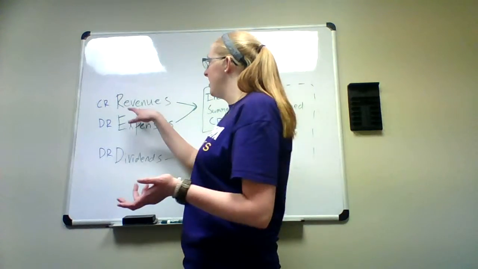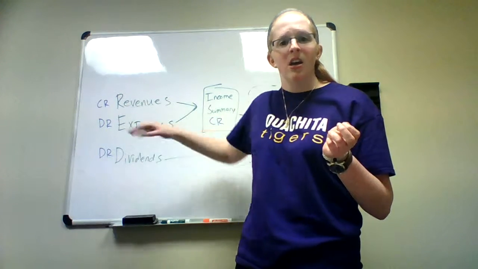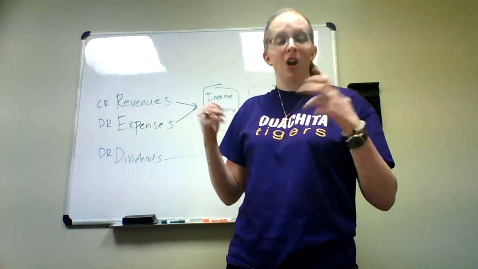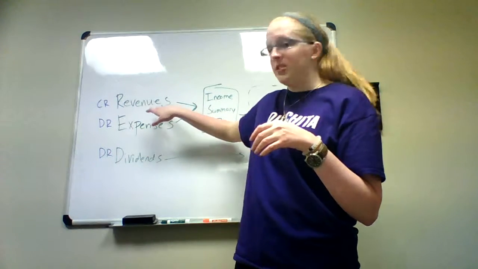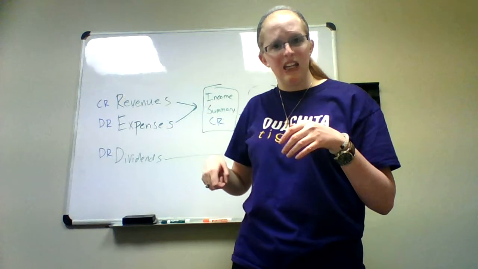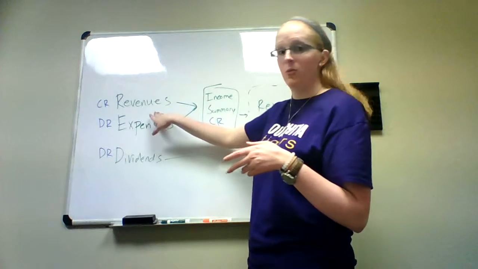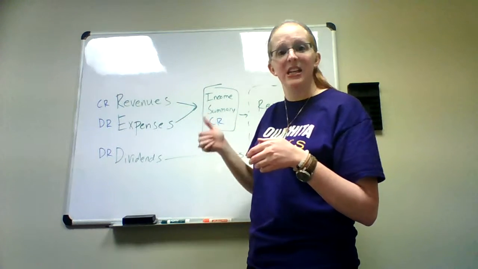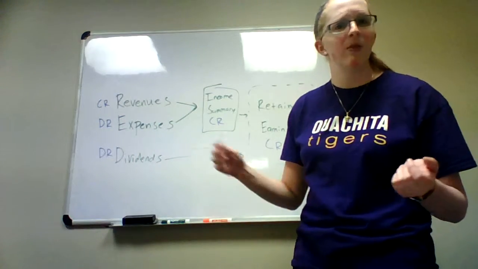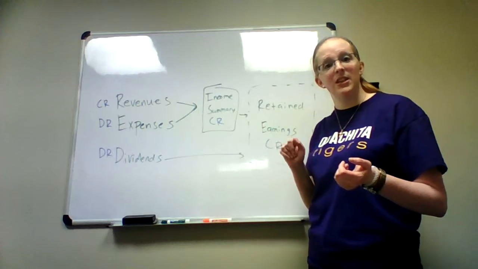I have written here that revenues have a credit normal balance. So what we're doing, big picture, is we are going to journalize the service revenue account and credit the balance to income summary, because when you close your revenues to income summary, you increase income summary. Income summary is just a little account that's open for a blink of an eye as you're getting ready to put all your revenues and expenses into retained earnings.